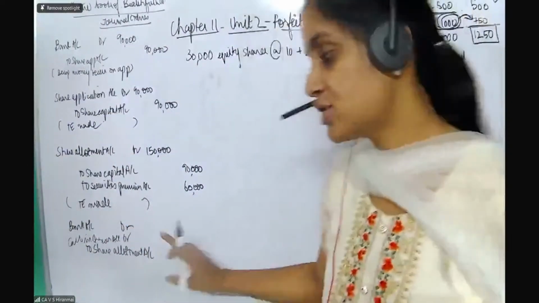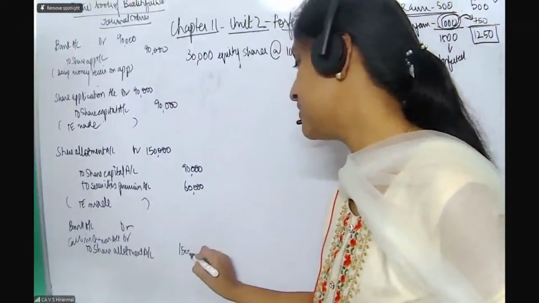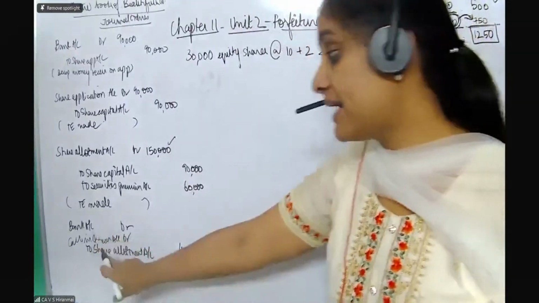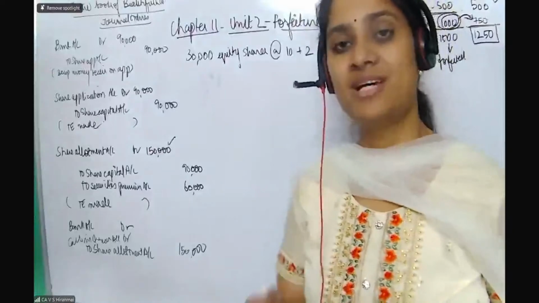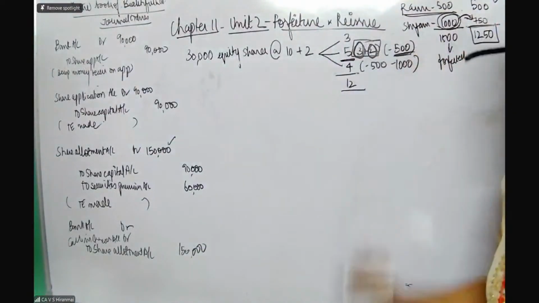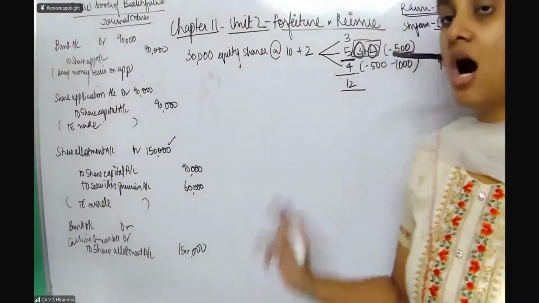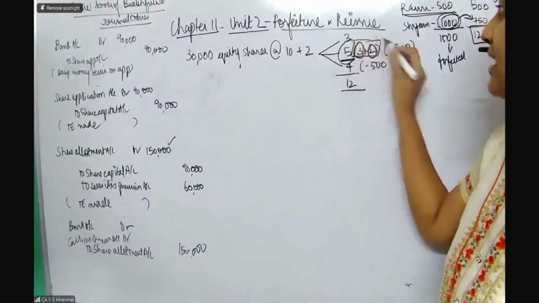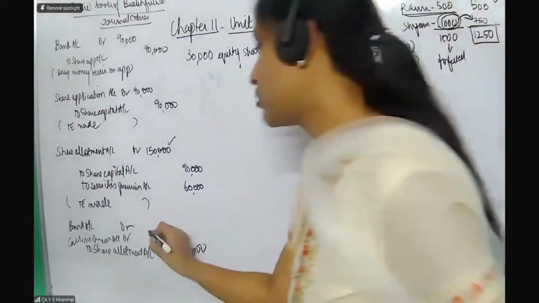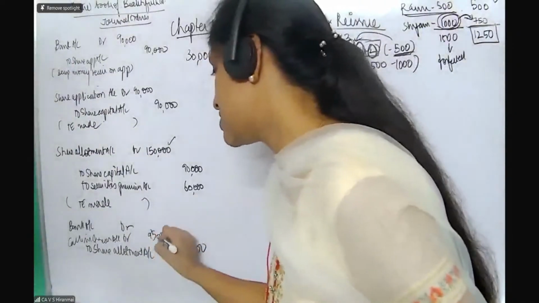Madam, where will I take the share allotment value? From the previous entry, 1,50,000 will come here. Now, madam, what about the calls in arrears? Very simple. How many shares is this particular person holding? 500 shares. How much is the value of allotment he has not paid? 500 into 5, 2,500 he has not paid.